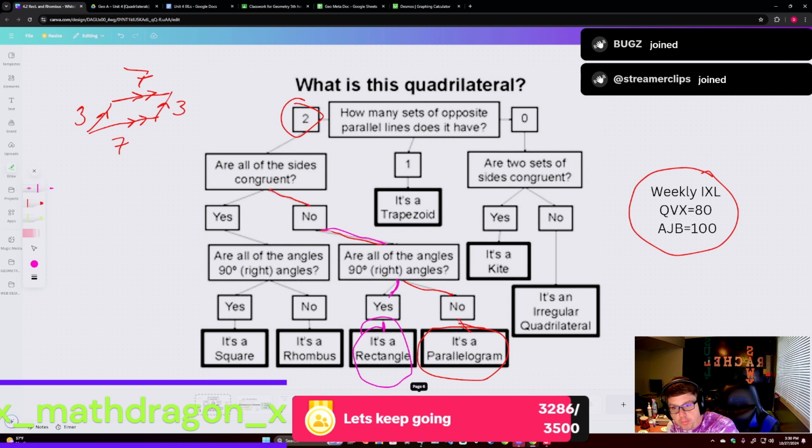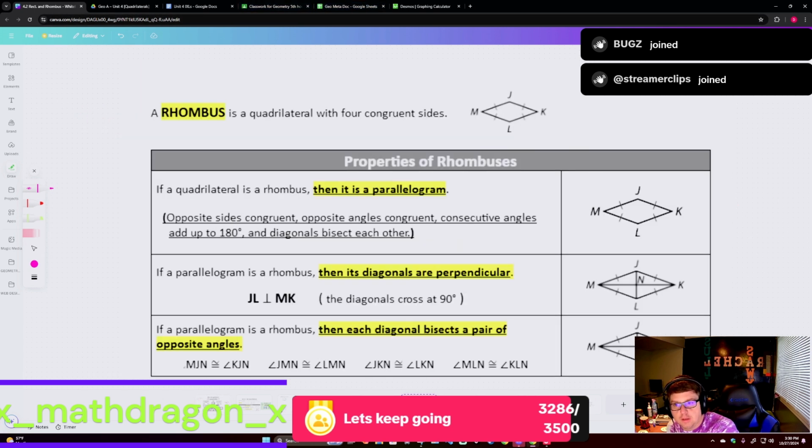So let's start to apply some different things. So we have opposite parallel sides. So we know we have 2 sets of opposite parallel sides. Are all 4 sides congruent? That's where we start with this rhombus idea, where all 4 sides are going to be equal to each other.